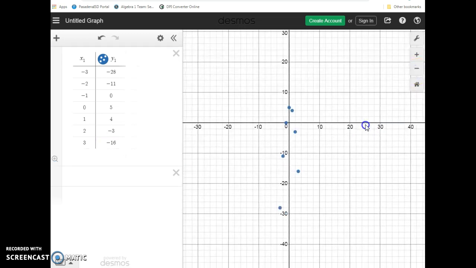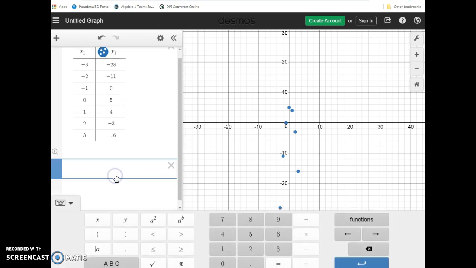Does it look linear to you? No, it looks like a curve, right? Look, it goes up and then it goes down. So we would say it's quadratic, and we would type the quadratic equation here. The quadratic regression.